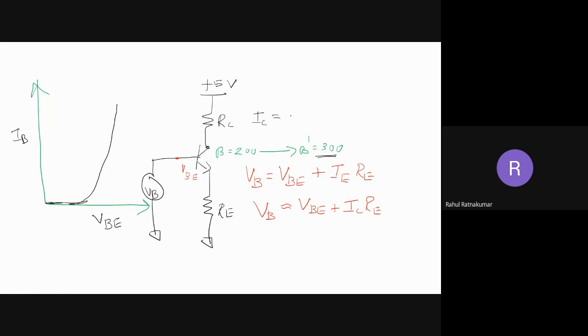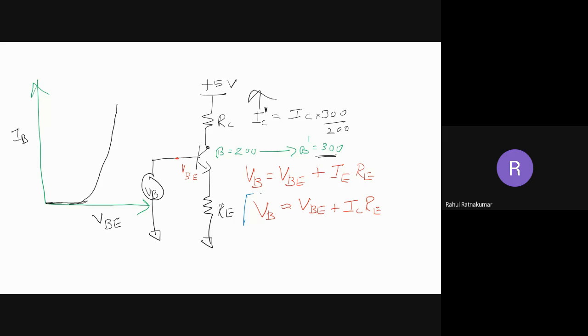IC dash, the new IC, is the older IC into 300 divided by 200, this much increase, because 300 is the new beta and 200 is the initial beta. Now this increase in IB, what happens? This new IC is increased. So this increase in IC, what happened? Okay, now come back to this equation. Come back to the earlier equation, right? This equation.